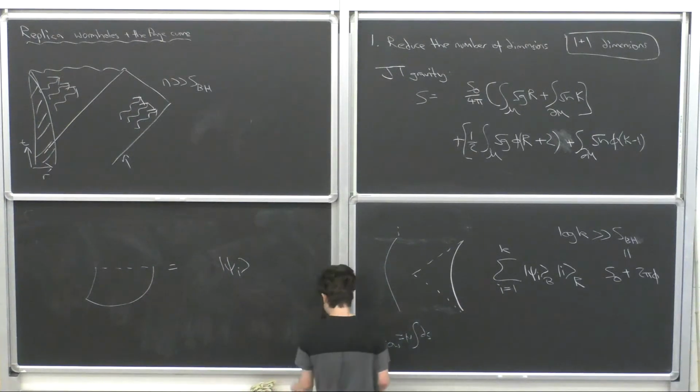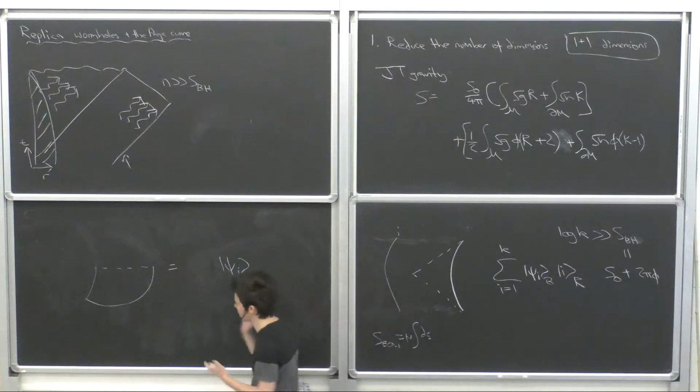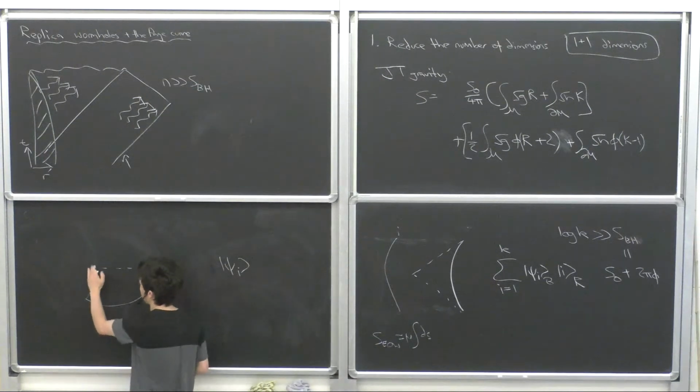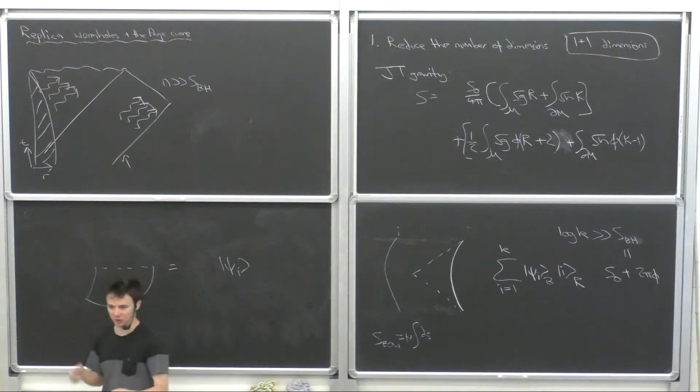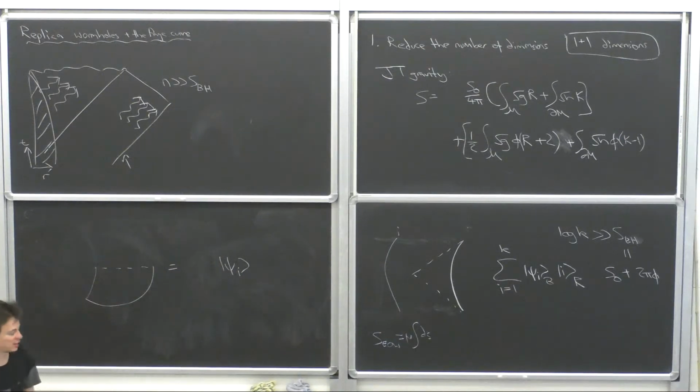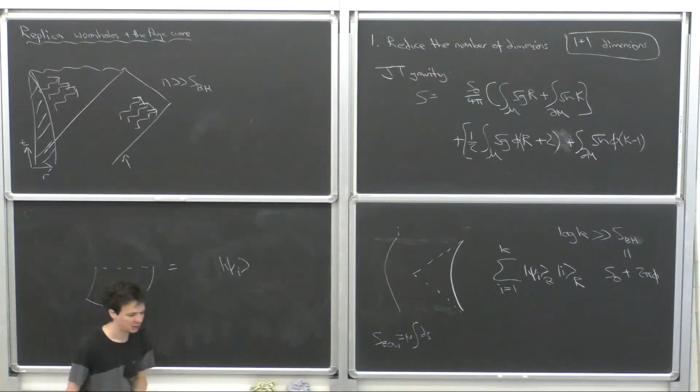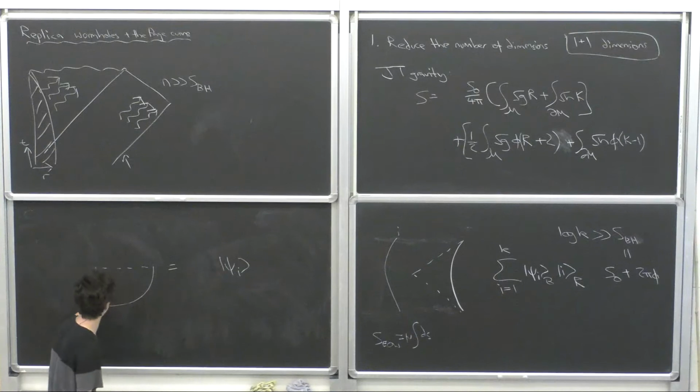Okay? So you should be a bit careful about what we mean by this. In a gravitational path integral, the geometry sitting in the interior is dynamical, right? So the only real things we're fixing are the boundary conditions at infinity. So what do I mean by drawing this?